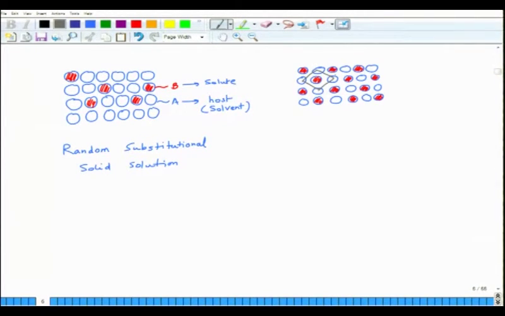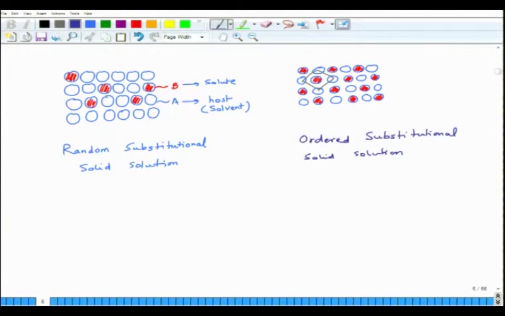So, this is called an ordered substitutional solid solution.